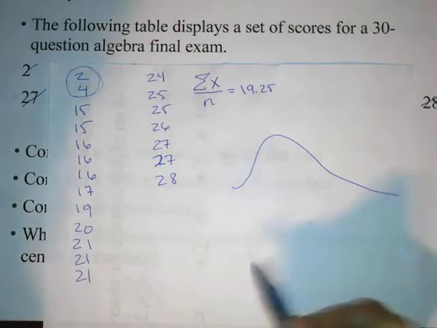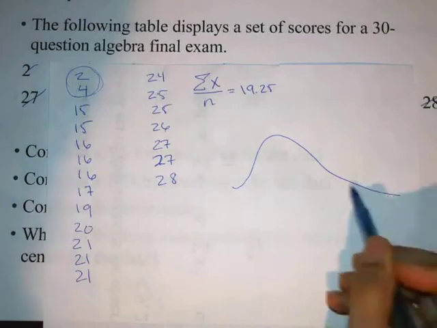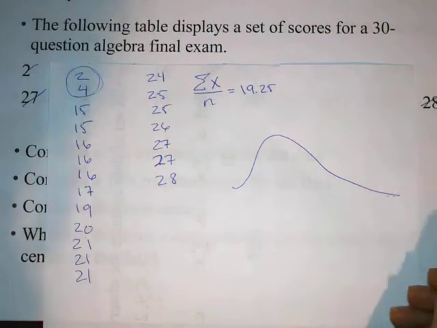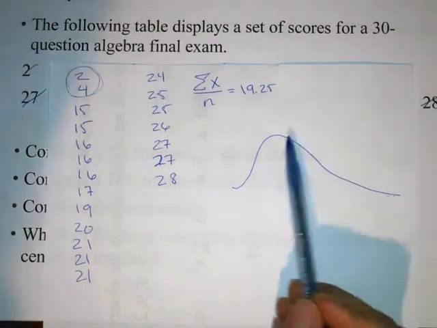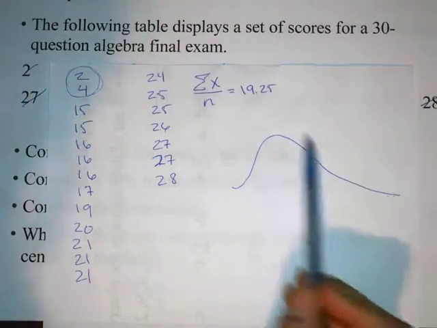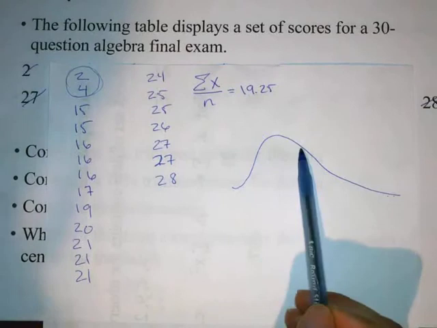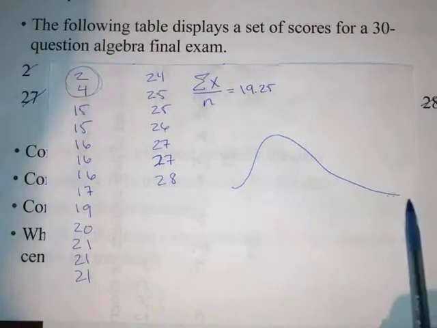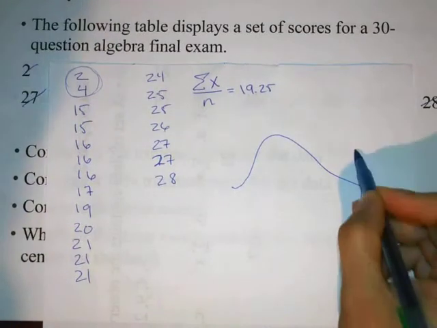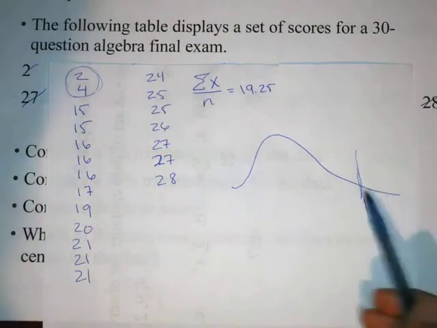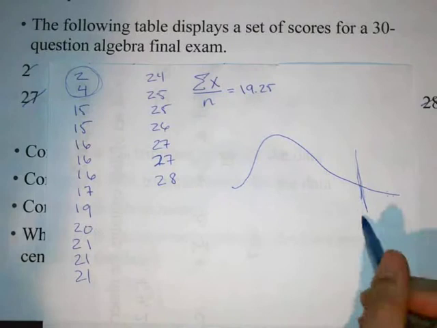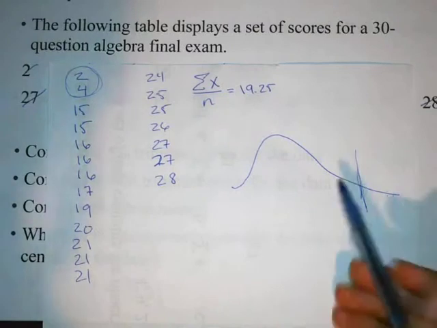There's not very many people who do, but the people that do make a lot of money. So we would think of an average amount of money that people make as somewhere near the peak of this distribution. But because of this really long tail, the average salary that someone makes is all the way out here, because it's really influenced by these people that make a lot of money.